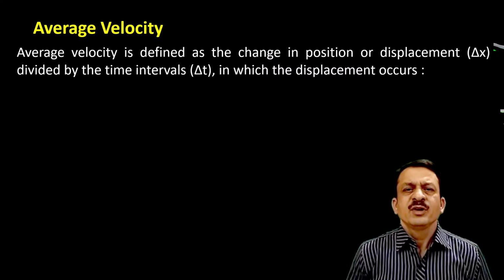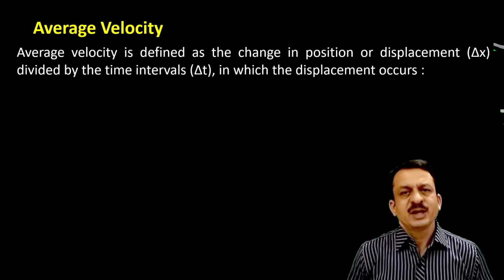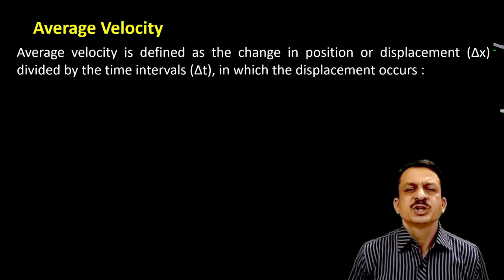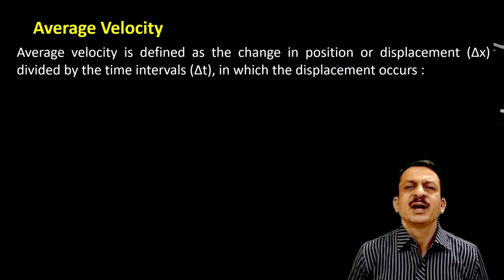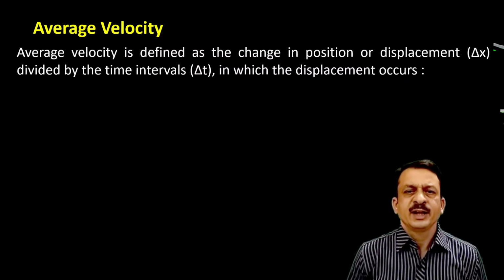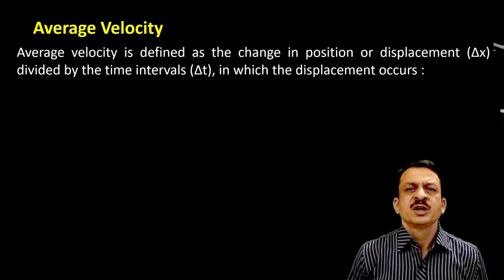If x1 is the position in time t1 seconds, that is the initial position, and x2 is the final position in time t2 seconds, then the change in position to the time interval gives average velocity, v bar.